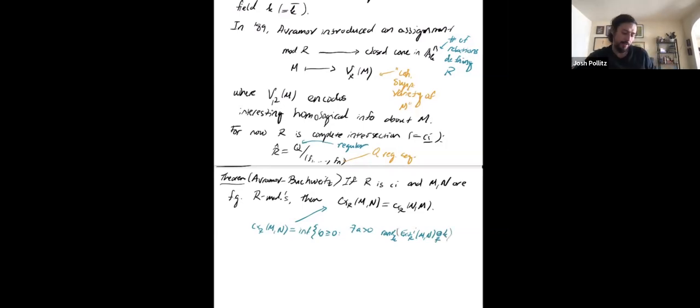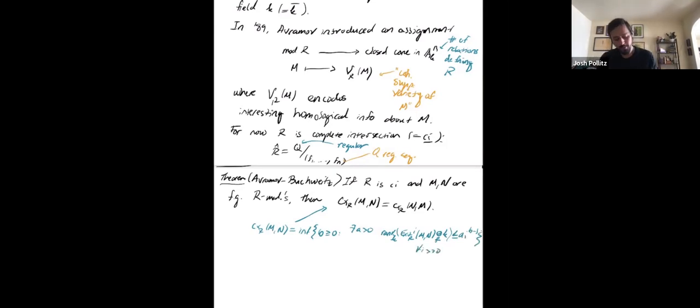Complexity is an asymptotic measure of the minimal number of generators of Ext modules, Ext of M against N. What it is, is the infimum of all non-negative integers b such that there exists some a where the K-vector space rank of Ext_R^i(M,N) tensor K, which is just the minimal number of generators of Ext^i(M,N), is less than or equal to a i^(b-1) for all i sufficiently large.